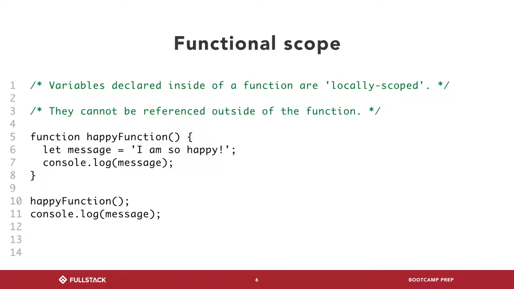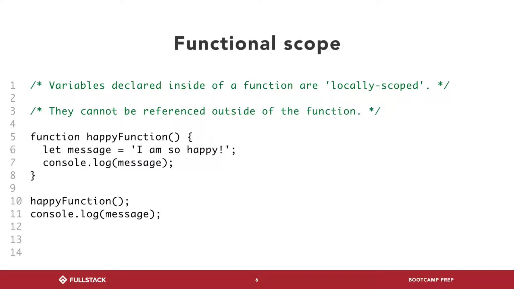Undefined. Why undefined? Well, message isn't defined outside of the function. Okay, so that would give us undefined. Any other guesses? Reference error. Why reference error? Because that variable only exists inside that function.